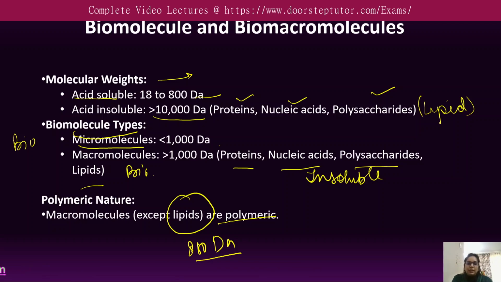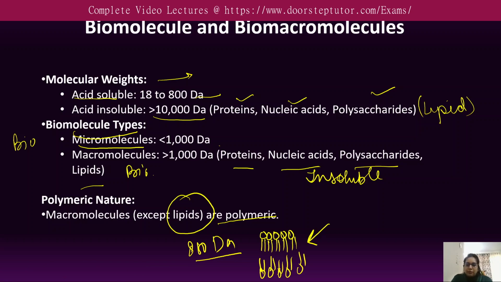Lipids are found in the acid insoluble fraction. Why? Because lipids are not strictly macromolecules. They are present in structures like the cell membrane, where lipids are generally present in a bilayer form.